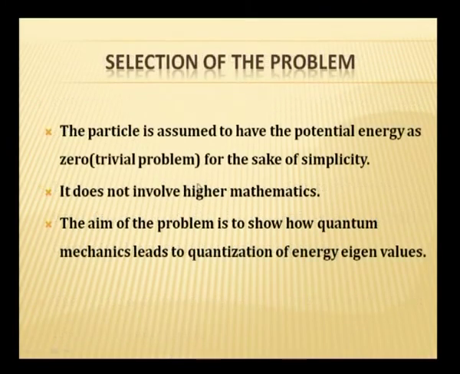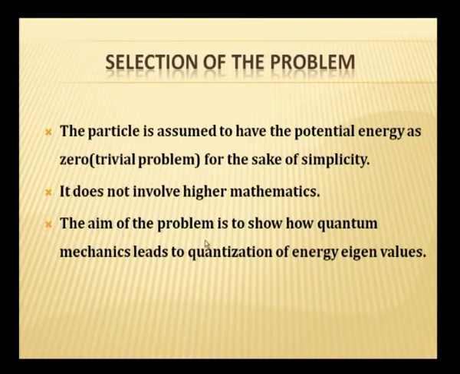The particle is assumed to have potential energy 0. It is a trivial problem, because to make the mathematics simpler, you assume the potential energy to be equal to 0 for the particle when it is inside the box. It is done for mathematical simplicity, so that you do not get into higher mathematics.